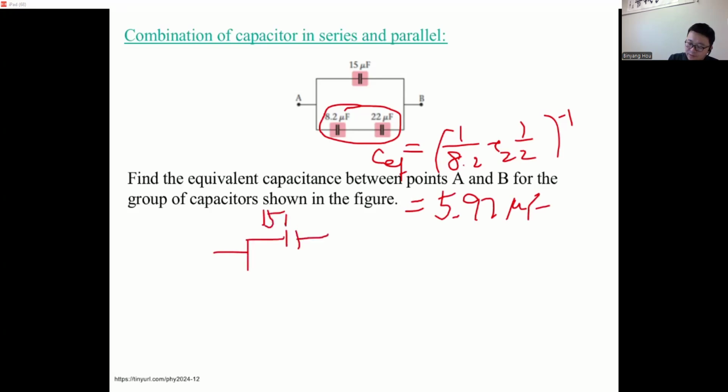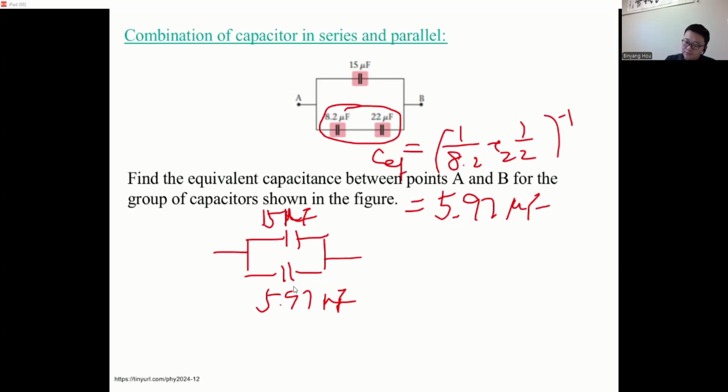15 microfarad in parallel with 5.97 microfarad. Okay, so now it's just this one and this one in parallel. Now, when they're in parallel, so then the equivalent of this guy will be the two add up.